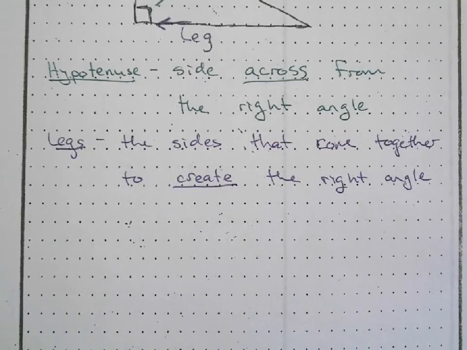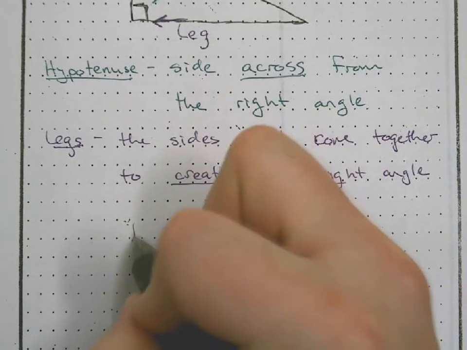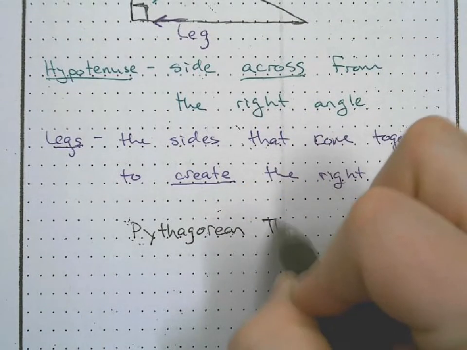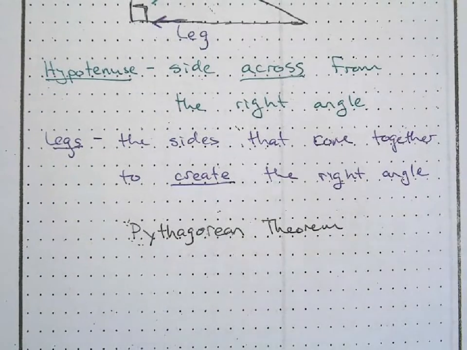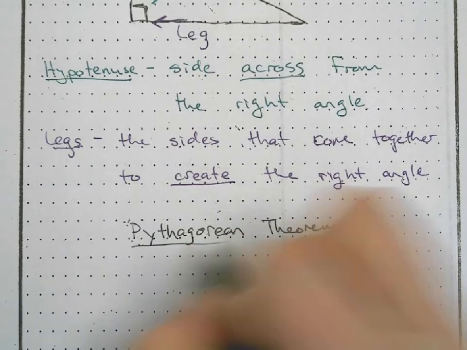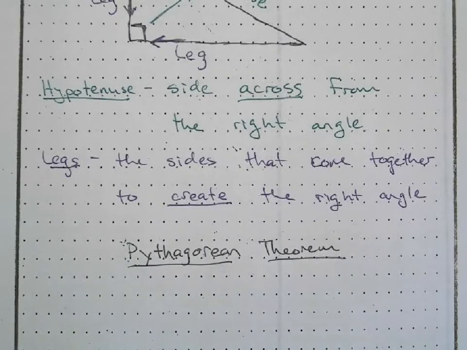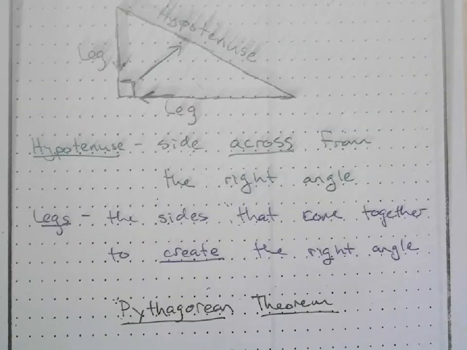So when we're looking at the Pythagorean theorem, it's better to think of it conceptually rather than just the letters that we've seen in the past. So our Pythagorean theorem is a leg squared plus a leg squared equals a hypotenuse squared.